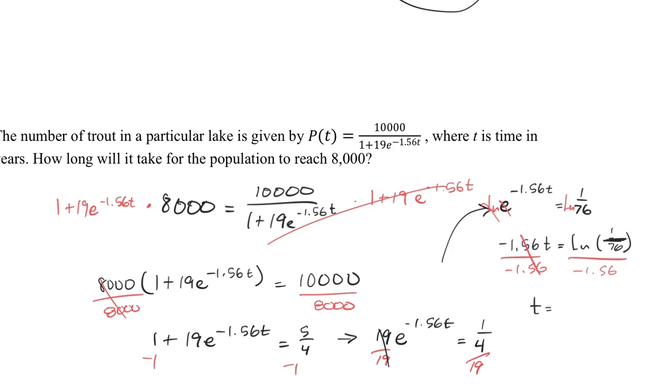And t is equal to the natural log of 1/76 divided by negative 1.56, which is approximately 2.78 years.